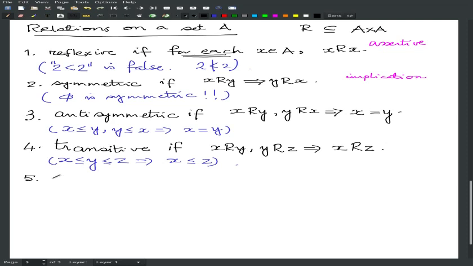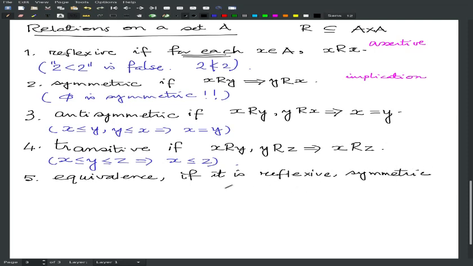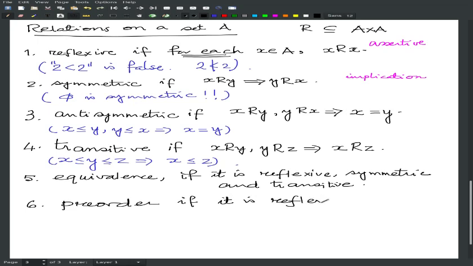it is said to be an equivalence relation if it is reflexive, symmetric, and transitive. It is said to be a preorder if it is reflexive and transitive.